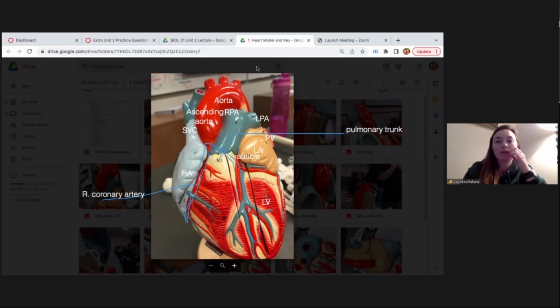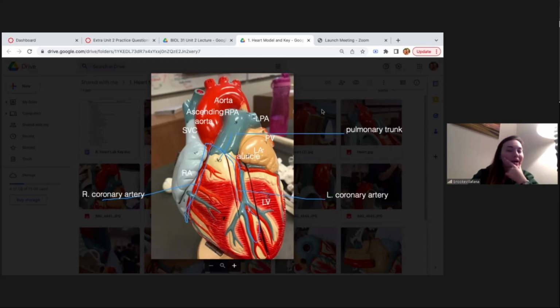And then the one over here, the left coronary artery. Okay, that making sense? All right. Okay, so that would be the flow that you can kind of see here.